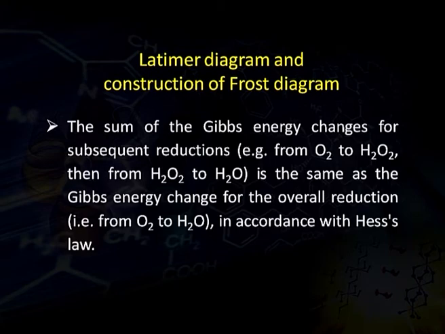If you go back and see the Latimer diagram, the values which are given on the arrow in volts are going to predict the nature of the species adjacent to the arrows, whether they are having the higher value of the oxidation or the reduction, stability or disproportionation process.